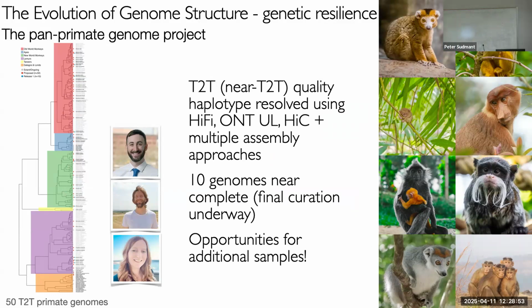There are about 400 extant primate species and only about a dozen or so primate genomes, and that's highly biased towards the great apes, and even very important medically relevant macaque species and African green monkey have really poor genomes.